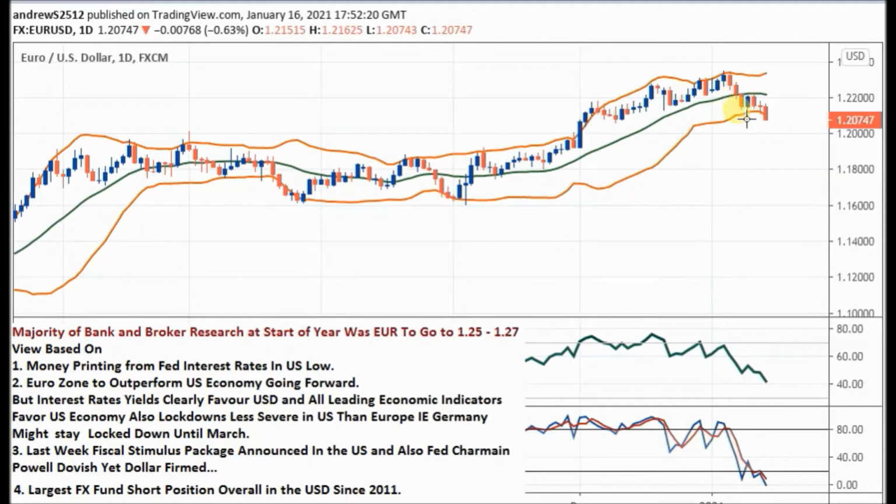We do get through the 20-day, come back up on the blue, can't get through in that red indecision candle, bearish candle. So we felt the 1.22 level, big round number, very important.